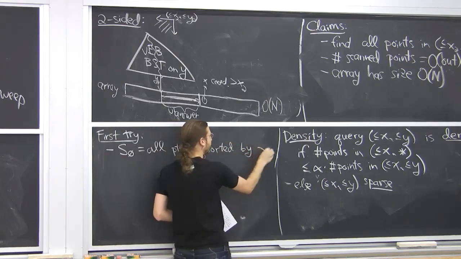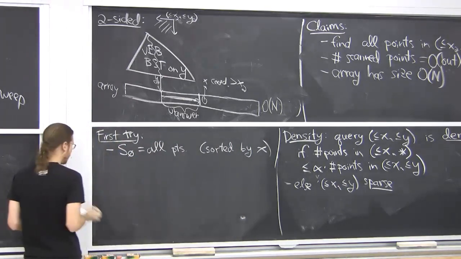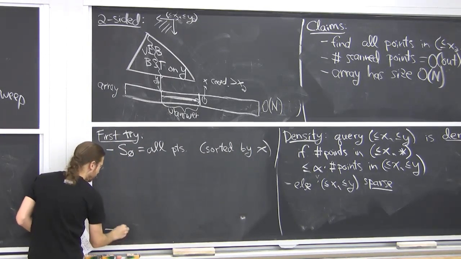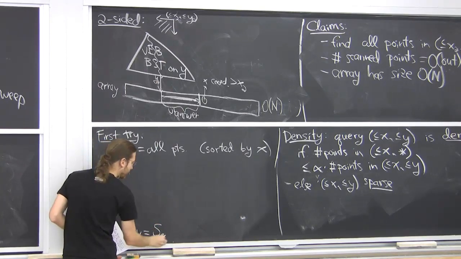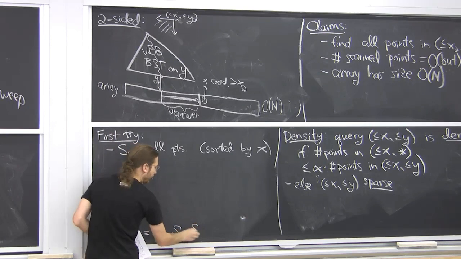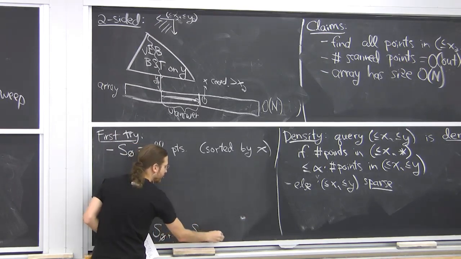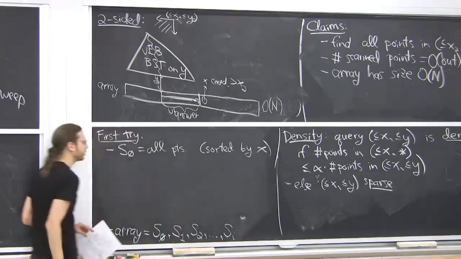And just to give you an idea where we're going, the array we're imagining here is first we'll write down all the points, then we'll write down some subset of the points, S1, then some subset of that subset, and so on until we get down to a constant size structure.